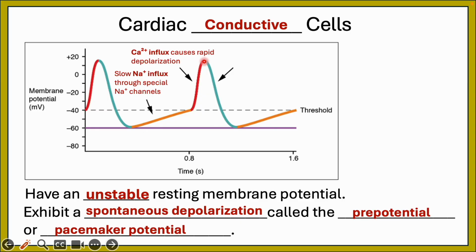At the peak here now, those calcium channels are going to close, and potassium channels are going to open. And so potassium efflux from the cell is going to lead to repolarization as it leaves, and this is going to bring it back down to the low level before it undergoes this again, and the leaky sodium channels are going to let the ions in.